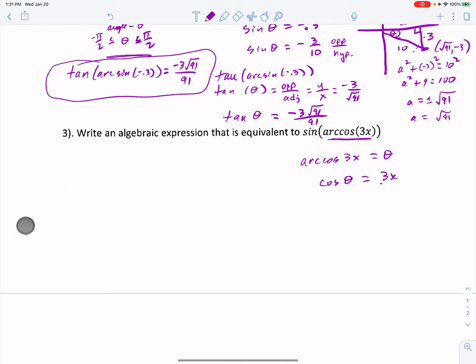And I'm going to think of that as over 1. And cosine is adjacent over hypotenuse. So I am going to draw a triangle, and I'm just going to make it here in quadrant 1, where this is theta. And cosine is adjacent, and the hypotenuse is 1.